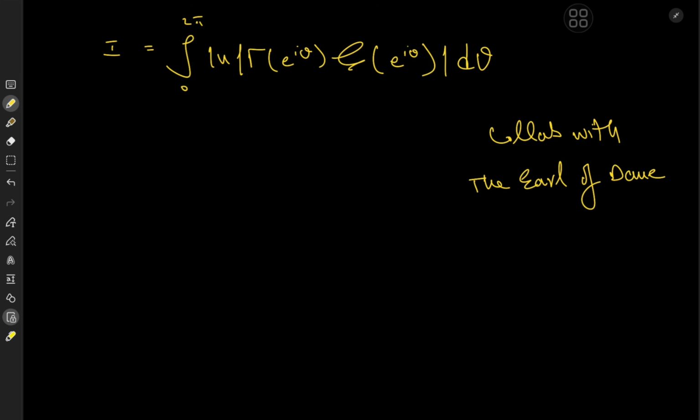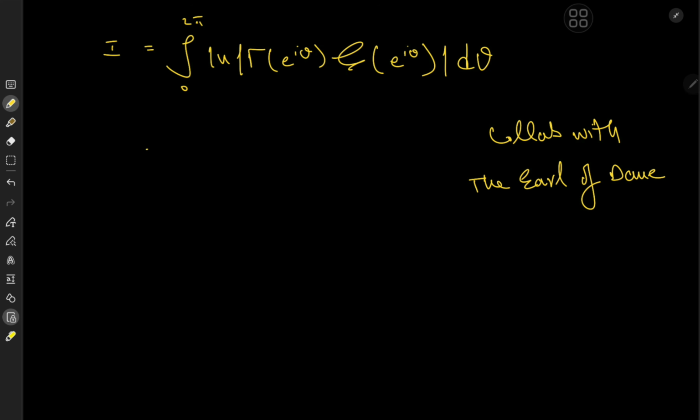So we have log of the absolute value of gamma function times zeta function. And because we're dealing with absolute values, I can expand by 1 in a really nice way. Specifically, I'm talking about the absolute value of e to the i theta, theta being a real number. This gives an absolute value equal to 1.